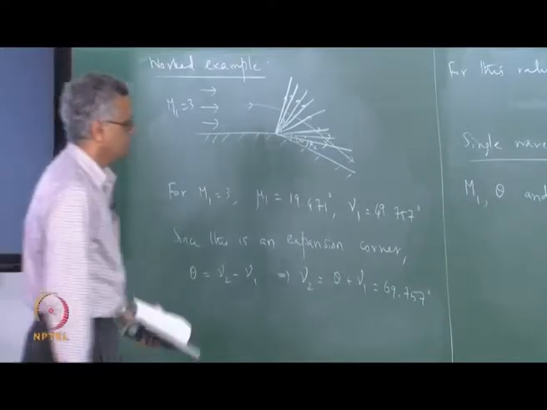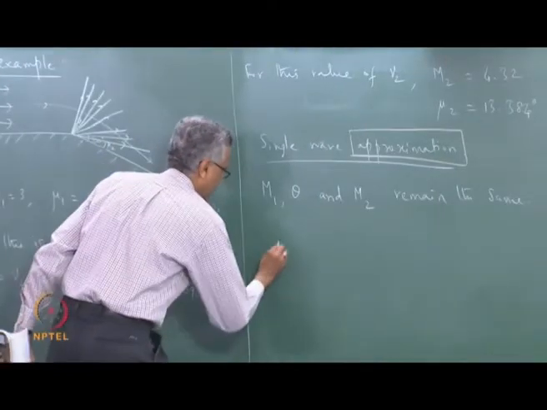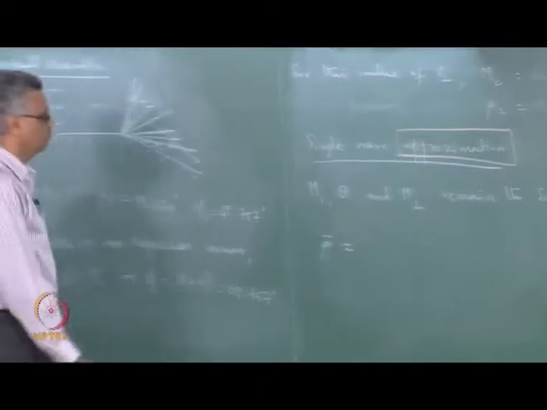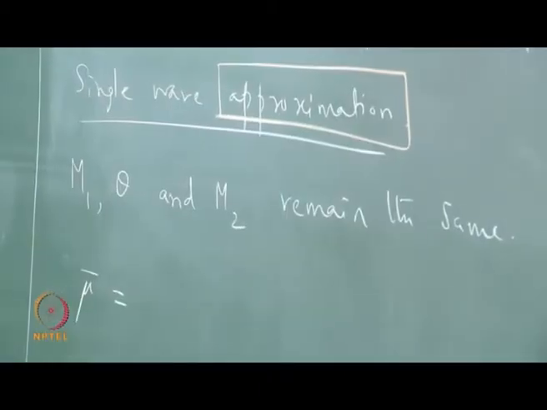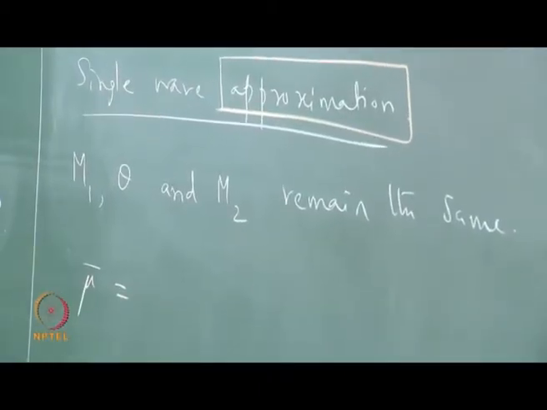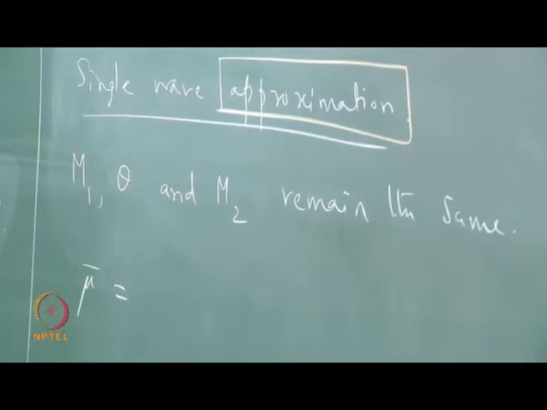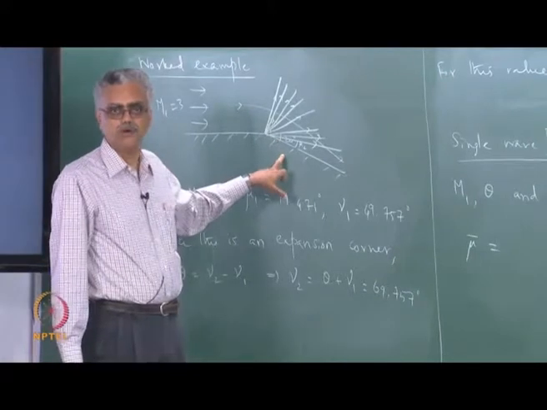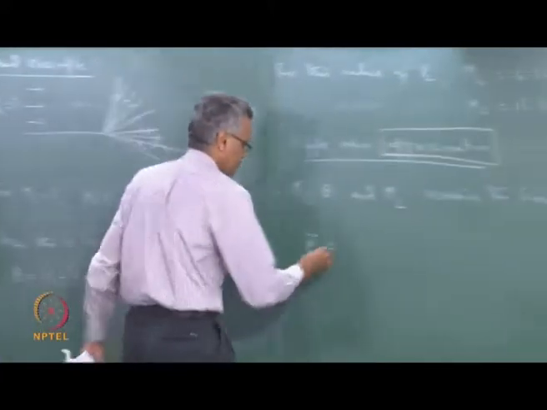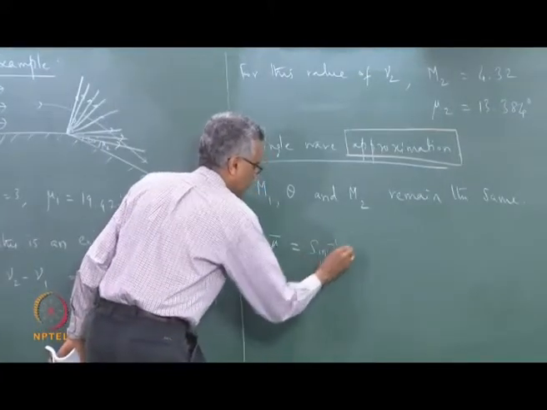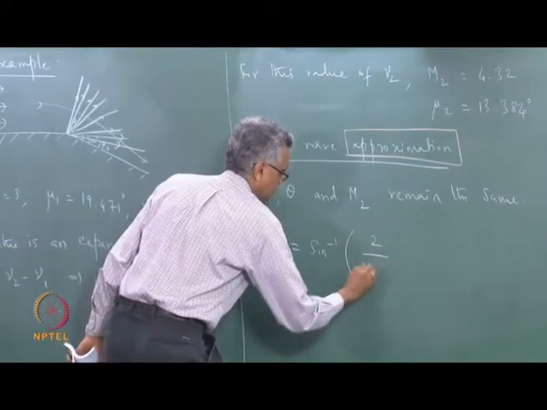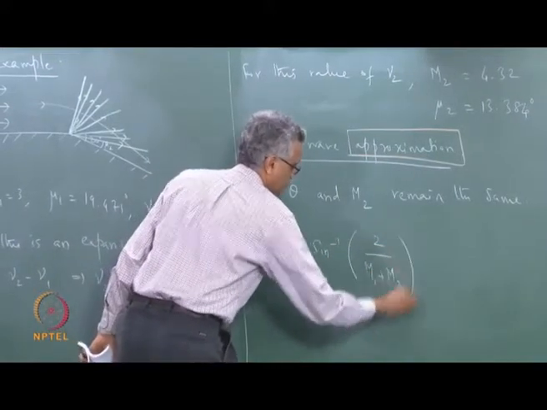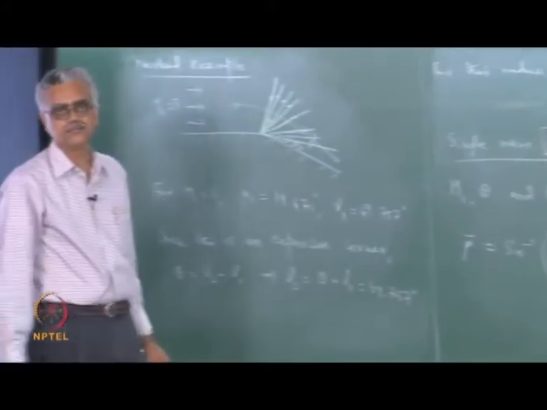So, what we do is we calculate an average angle for this single wave. Let us call that mu bar. This mu bar can be calculated in several different ways. For example, the simplest thing is to take mu bar to be the average of mu1 and mu2, or a slightly better approximation is to calculate the mu bar like this: take it as the average of the Mach number rather than the average of the angle.